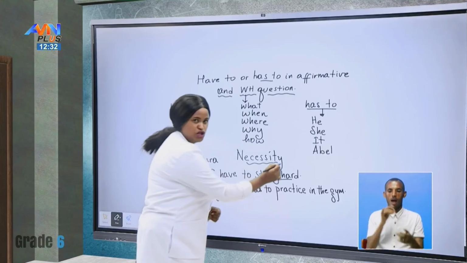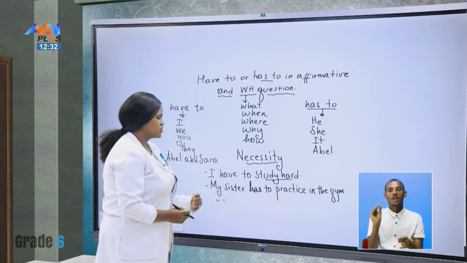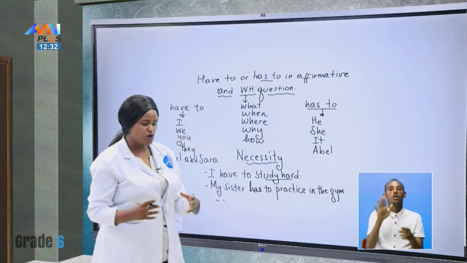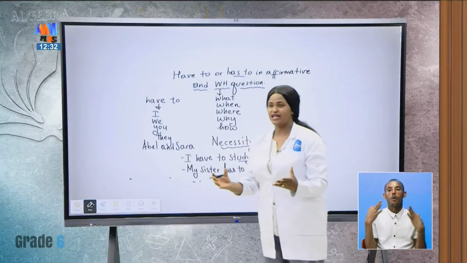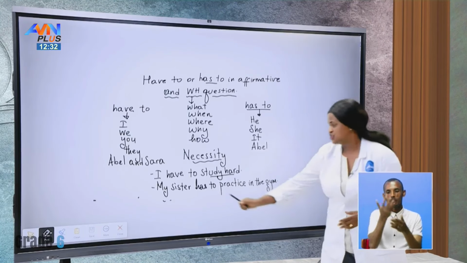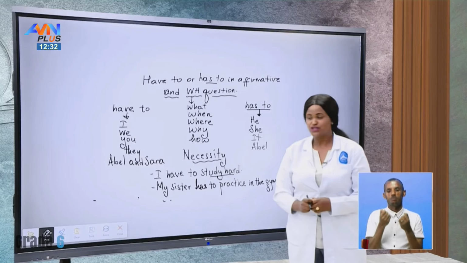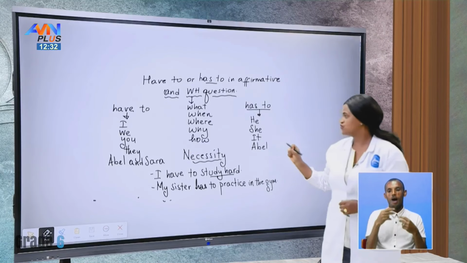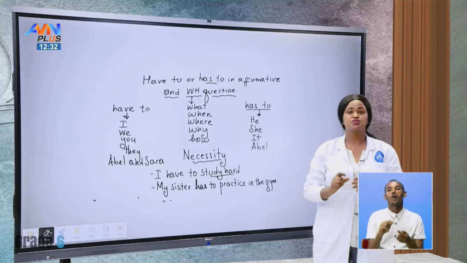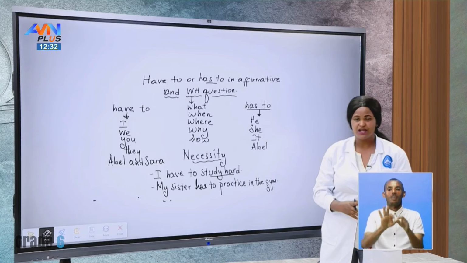I have to study hard, right? And for your sister, in order to perform well in her exercise, she has to do something. And what is that? She has to practice in the gym, right? So have to and has to can help us to express what? Strong necessity, right? Very good.